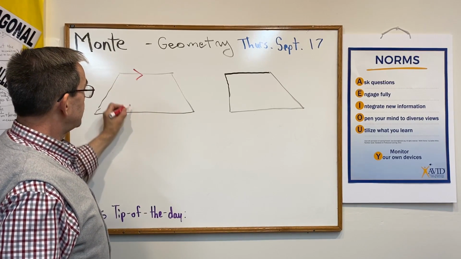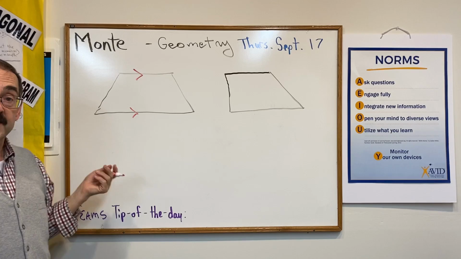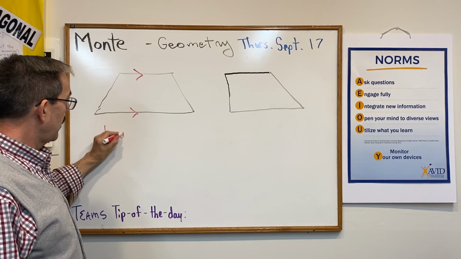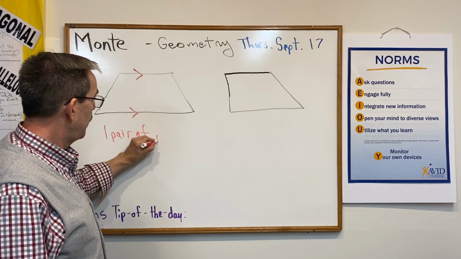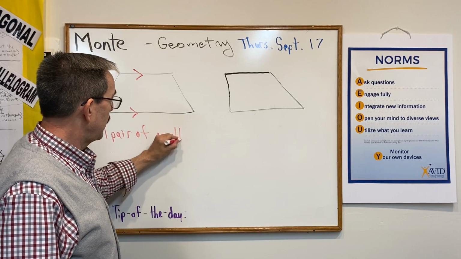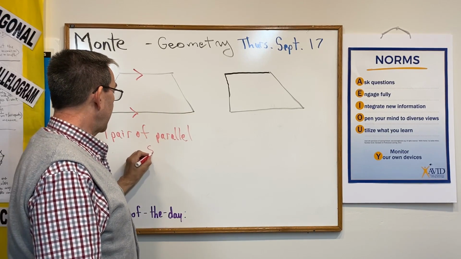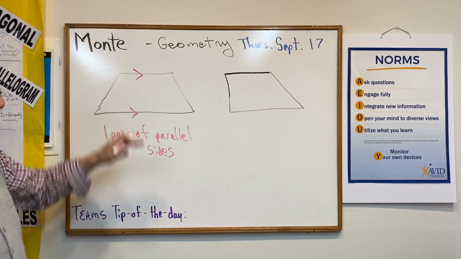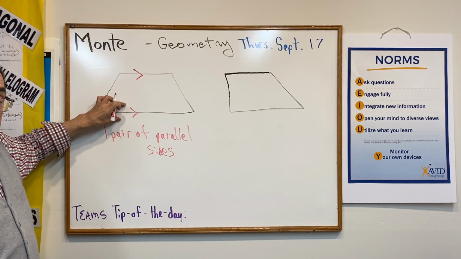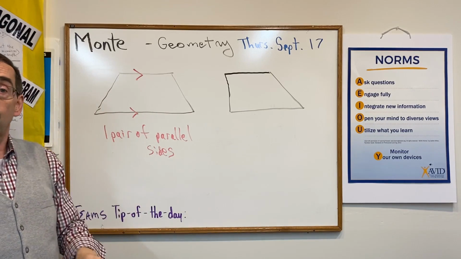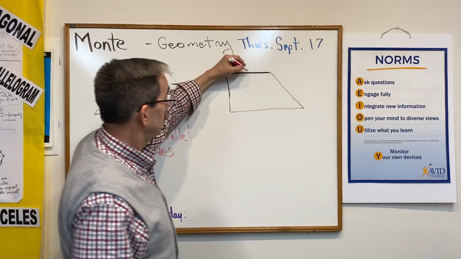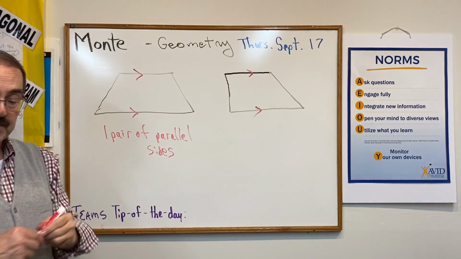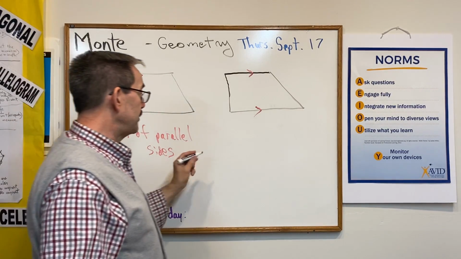I usually make the top and the bottom parallel. It could be the sides. One pair of parallel sides. That's it. All you need is a top and a bottom to be parallel, or the sides to be parallel, and it's called a trapezoid. Just make sure we write that down.